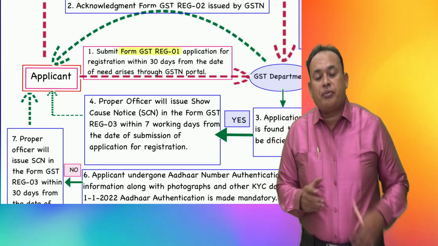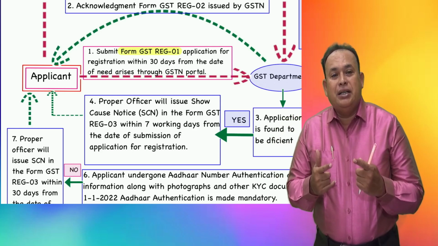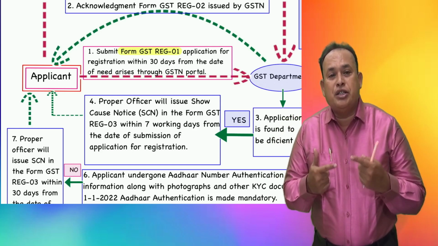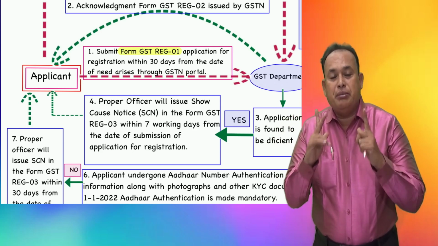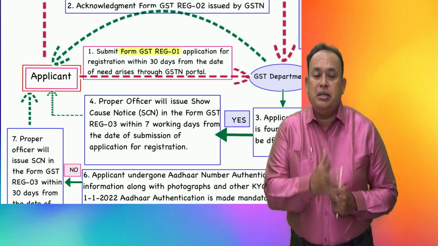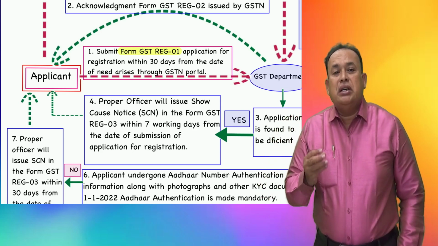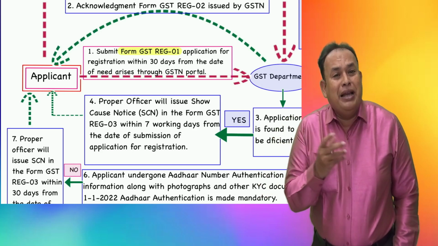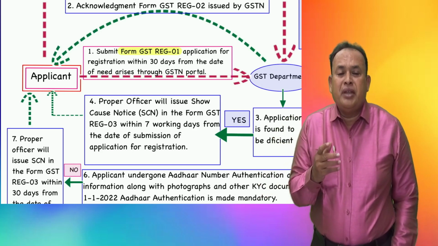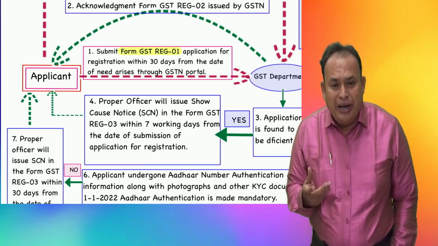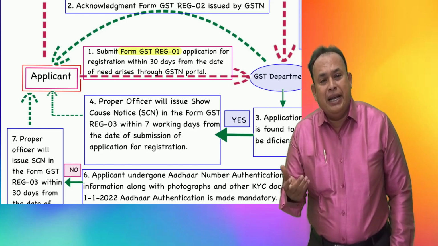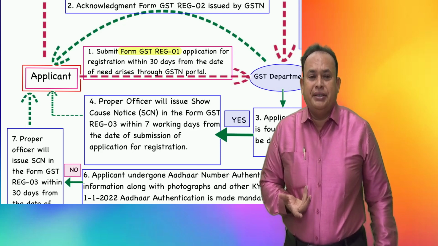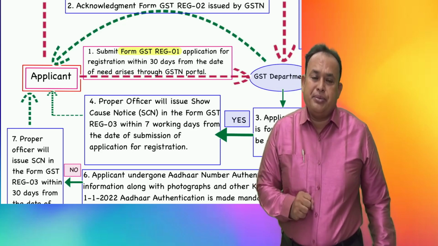Now, once you apply in form GST REG-01 by giving your information, Part A, Part B, the need of providing a mobile number and the need of providing an email ID is not warranted, which is an amended provision, my dear friends.